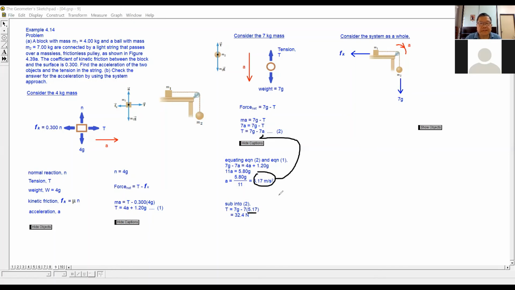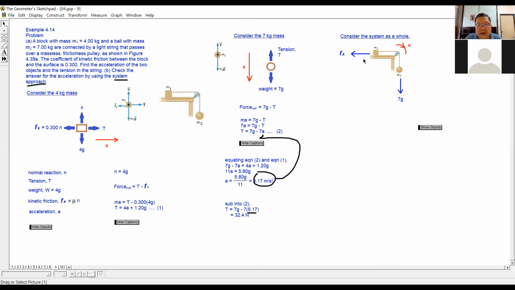Okay. They say check your answer for the acceleration by using the system approach. What is the meaning of system approach? System approach means you look at the system as a whole. You look at the diagram on the right. When you look at the system as a whole, the tensions in the string cancel each other.